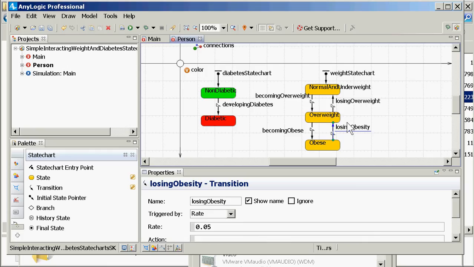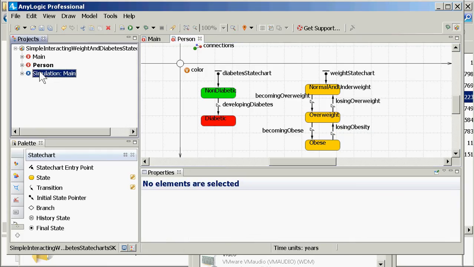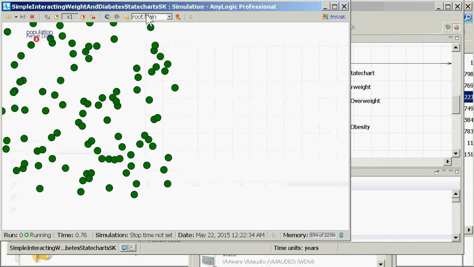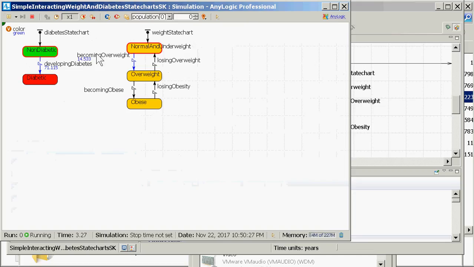Let's run this thing, and we'll see people over time evolving with respect to each of these. So we run, and we drill down, and here we see someone who's non-diabetic, they're normal and underweight. I'm going to scroll up here, and here's someone who's currently overweight. They're also diabetic, it looks like.